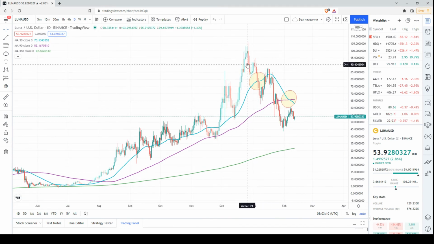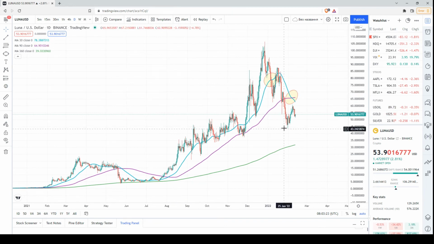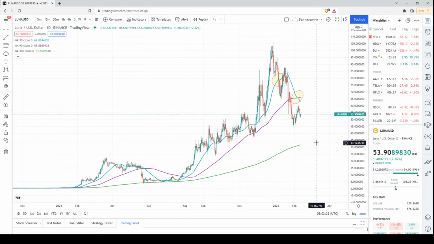Of course, we're in some kind of correction phase because we're below the 1-month and 1-quarter moving averages, but the 1-year moving average continues to increase. This is the most solid support for the price. The price is currently significantly above this support, and once again the major trend is an uptrend, a bullish trend, but we're in a phase of correction.